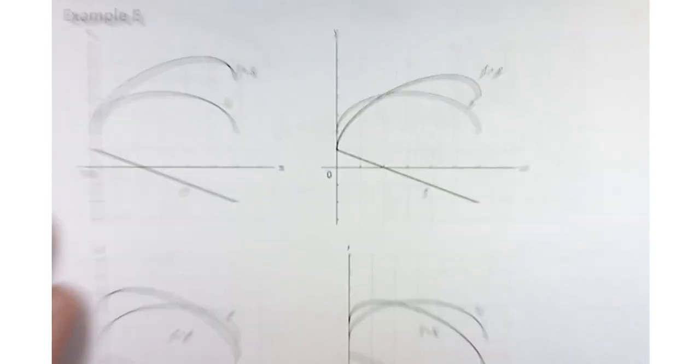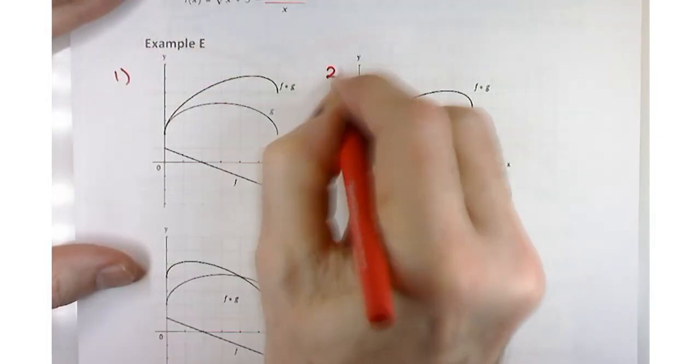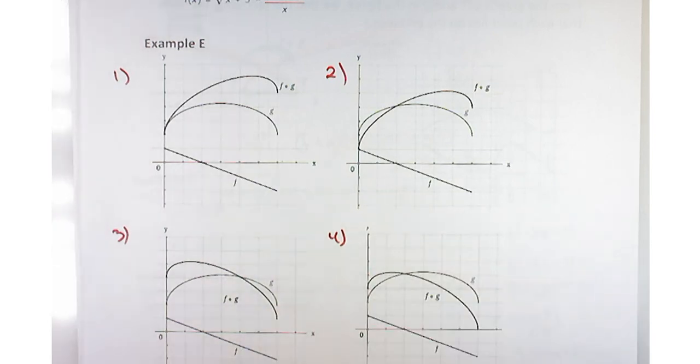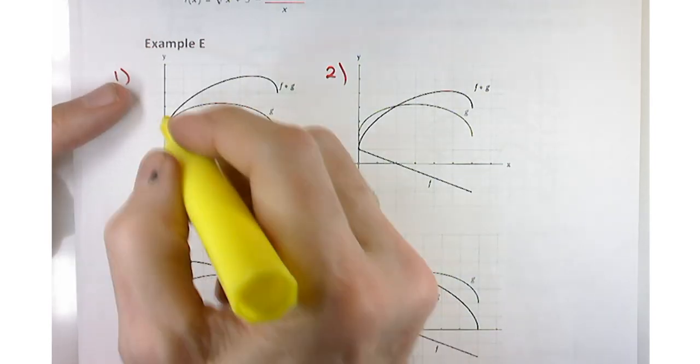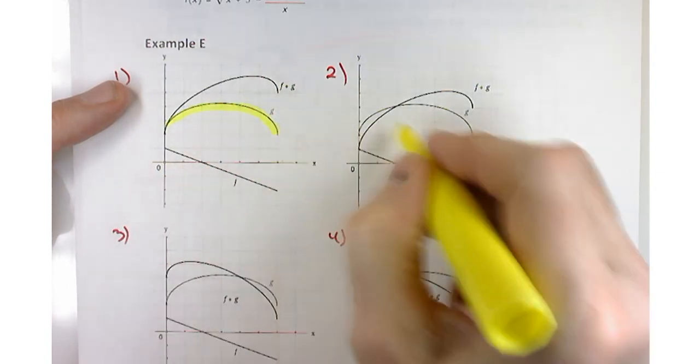I've got 4 different graphs here. Let me number them 1, 2, 3, and 4, just for convenience. And let's highlight some of our functions. So, for instance, this curved graph is our g of x.